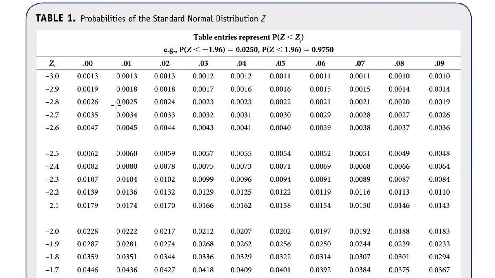So 0.01, let's see, closest value, 0.0099 looks like right there. That's just a little bit less than 0.01. This one is 2 10,000ths greater, and this is 1 10,000th under. And that corresponds to a negative 2.33.